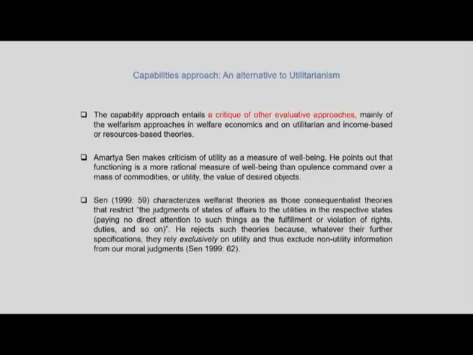Now, as I have already pointed out, much of conventional economics is based on utilitarian approaches, and it is very difficult to come up with a metric of pleasure or happiness on a regular basis. Sen takes the example of a bicycle.